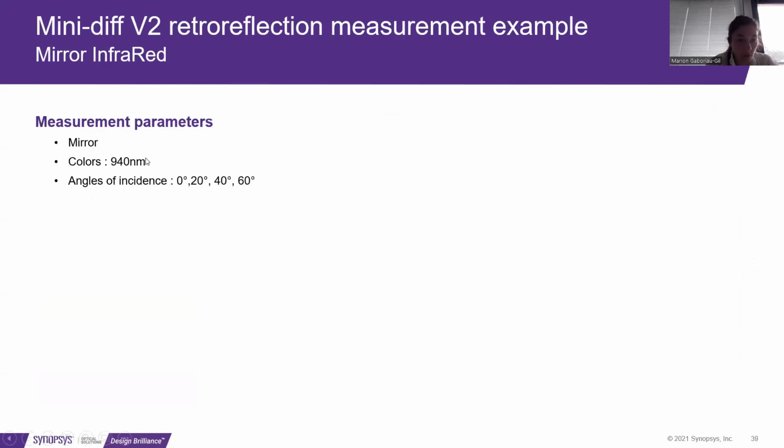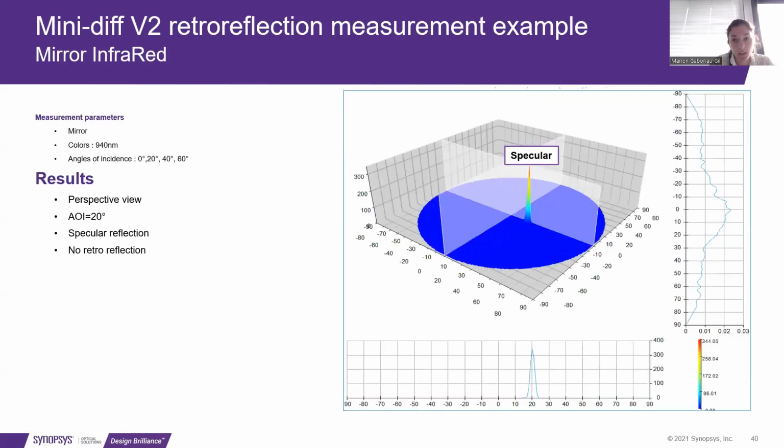We again use our infrared MiniDiff V2 and all the angles of incidence in the reflected space. Here are the results. We use the cross section here, and we can see that at 20 degrees we have the reflected peak, and we have nothing at minus 20 degrees. So this mirror won't be detectable by LIDAR.